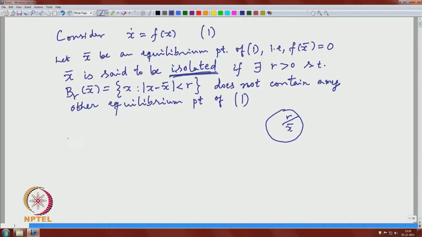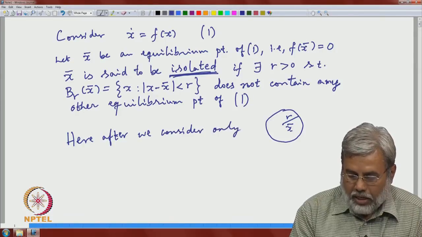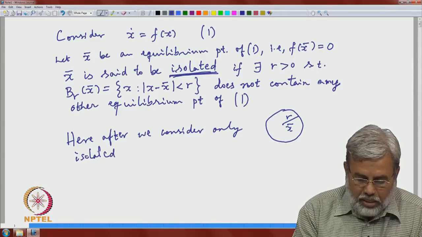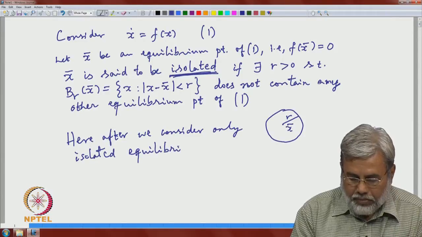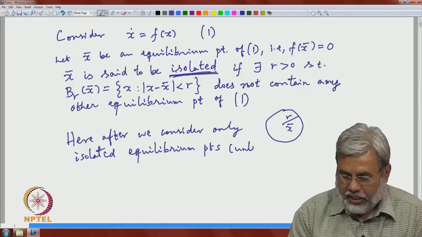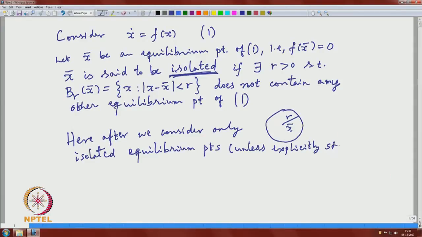So, hereafter we consider only isolated equilibrium points, of course, unless explicitly stated. This is usual.